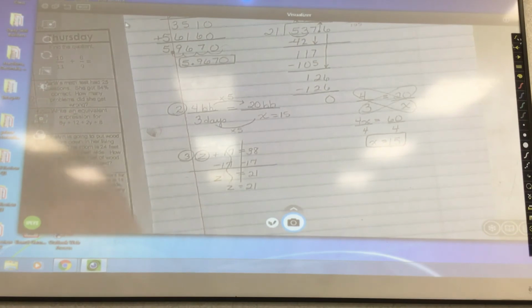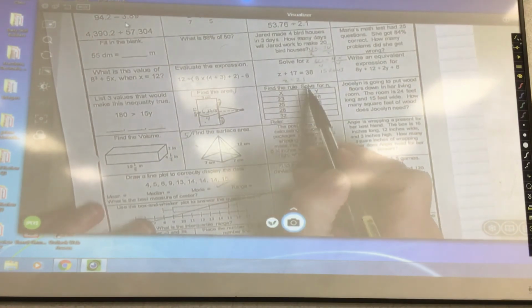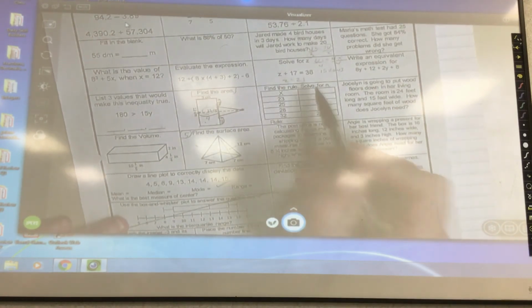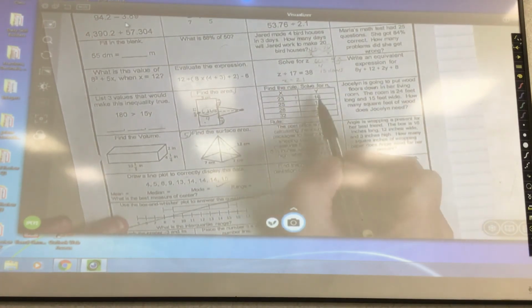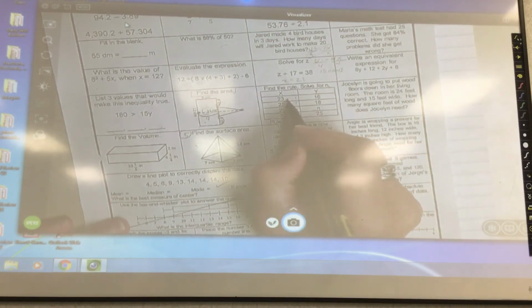4 is a chart. Find the rule, solve for n. Well, I look here. How do I get from 23 to 16? Well, I'm going down, so I'm either dividing or subtracting. Olivia? Subtracting. What did I subtract? 7. Okay. When I went from 25 to 18, did I subtract 7 again?